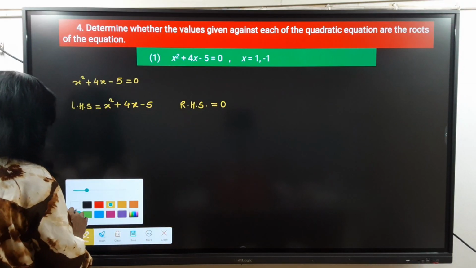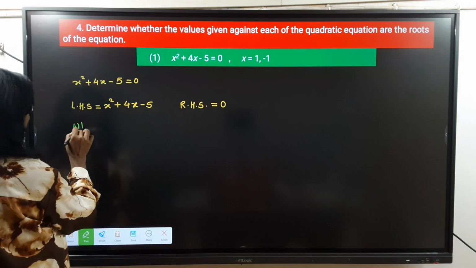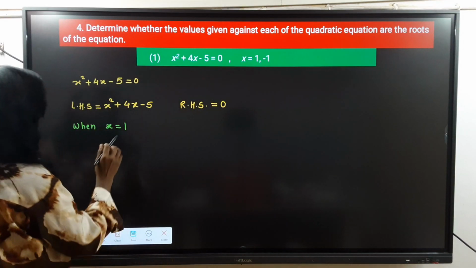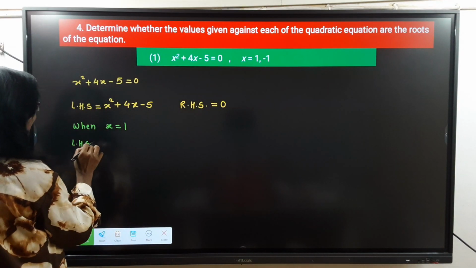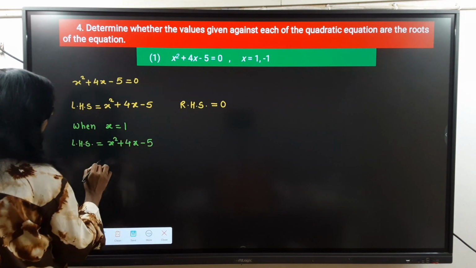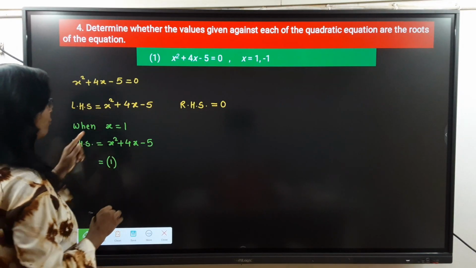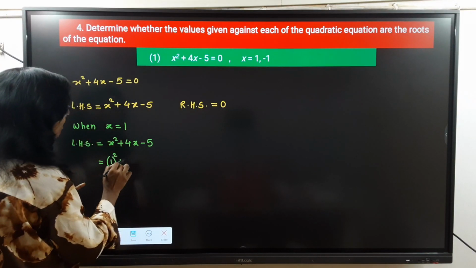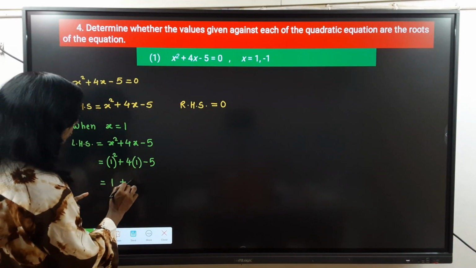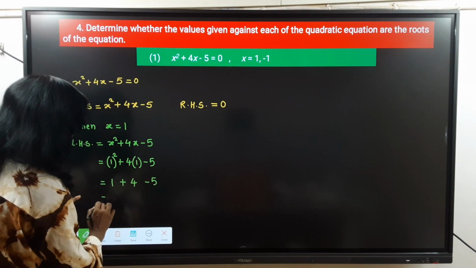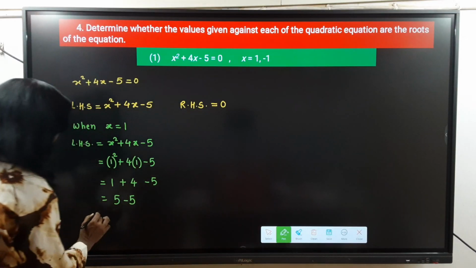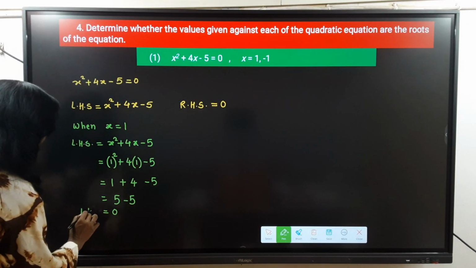So first, when x is equal to 1, the LHS is equal to x square plus 4x minus 5. Now put the value of x as 1. So square of 1 plus 4 multiply 1 minus 5. Square of 1 is 1, plus 4, that is 5, minus 5, which is equal to 0. LHS is equal to 0.